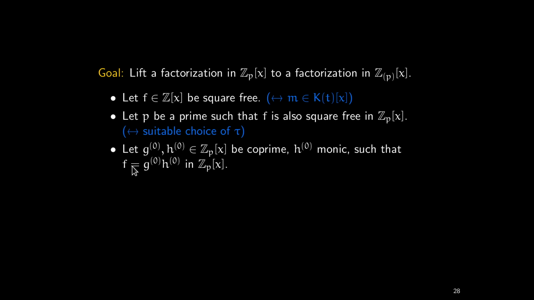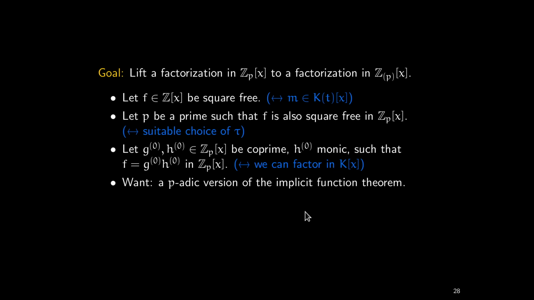And they should multiply out to f. This assumption corresponds to the assumption that we had before, that we can factor in k, because the role of k from before is now played by the finite field. And what we want is now an implicit function theorem that works for p-adic numbers instead of power series. So that's what we have to come up with.